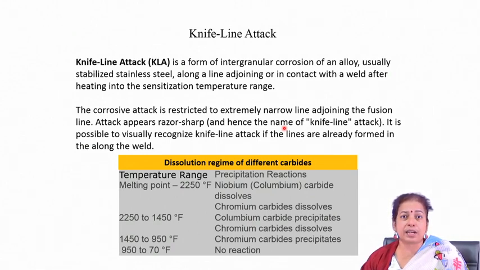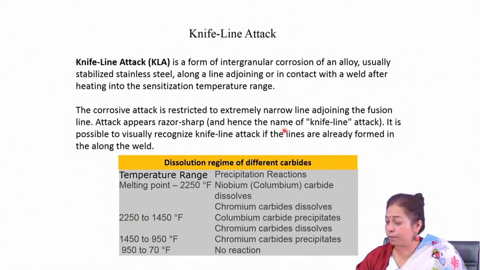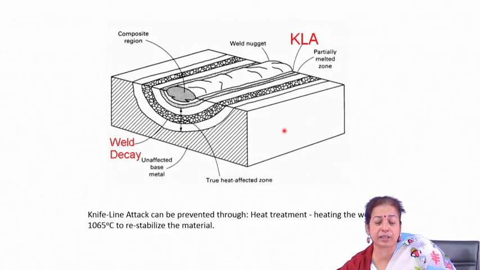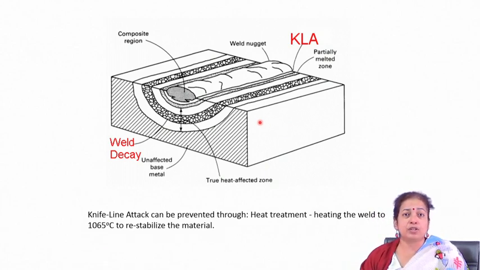So, in knife line attack, it is again a kind of intergranular attack, but here the zone of the attack is a little different from that of sensitized steel, because here knife line attack is usually observed at the interface between the weld zone and the substrate. And it looks like a very thin line, so you call it knife line.